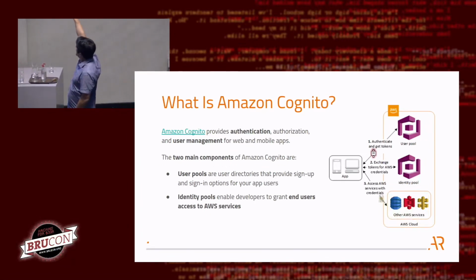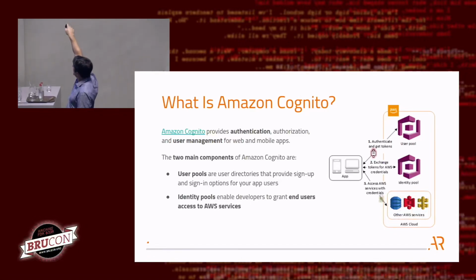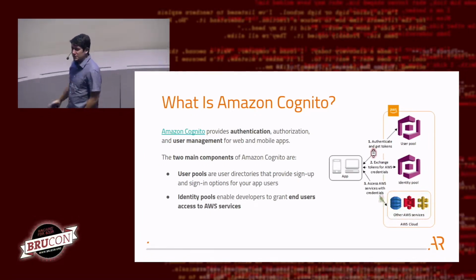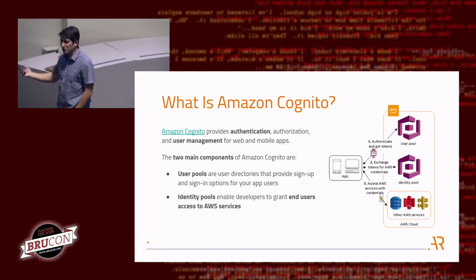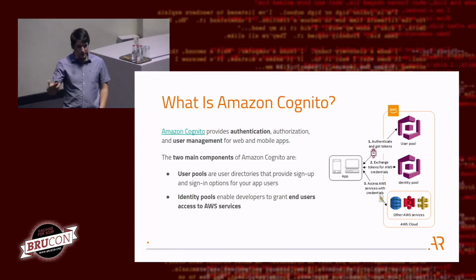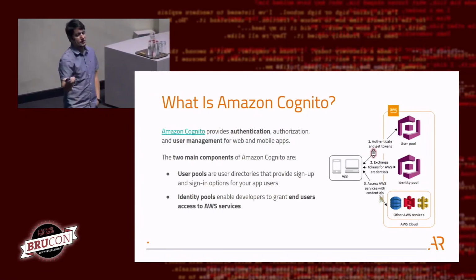Then it uses the token in order to communicate with the identity pool and get AWS credentials. And finally, it uses those credentials to consume other services. Those other services can be DynamoDB, S3, IAM, any service that you know from AWS.